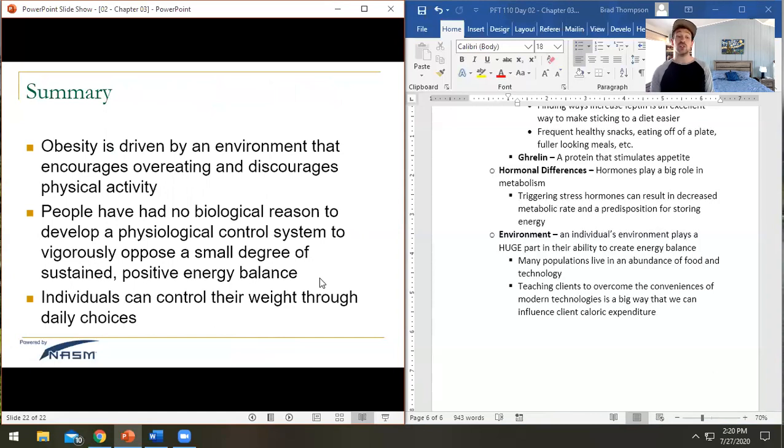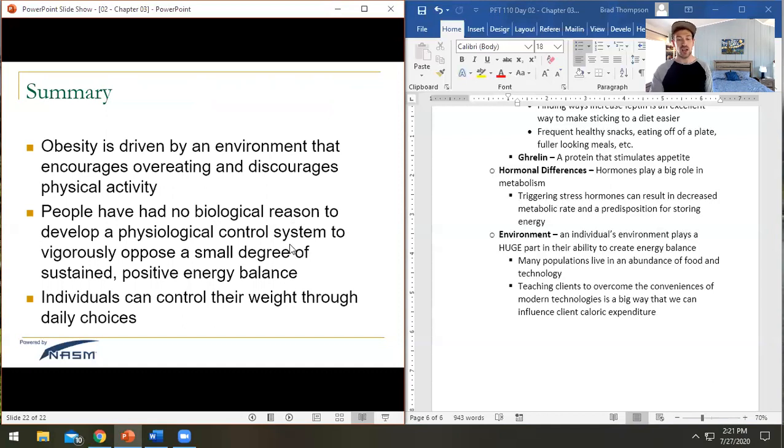So we do know that obesity is definitely driven by an environment that encourages overeating, and an environment that discourages activity. We have had people with no biologic reason to develop physiologic control. And so that often results in positive energy balances. And we know that positive energy balances are going to result in weight gain.